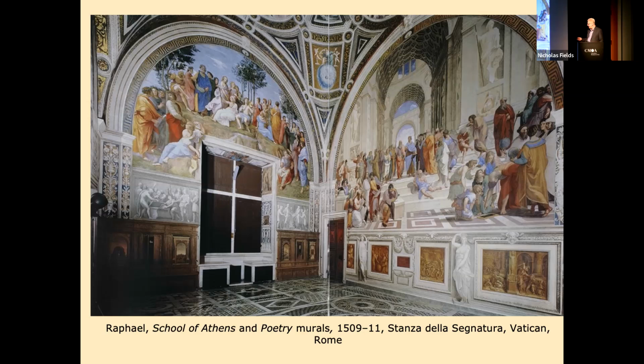He was commissioned to paint on the four walls of the chamber the four branches of learning, according to the 16th century, which were philosophy, poetry, and law and religion on the other two walls that you can't see. But his most famous of these works is the School of Athens, which is often so surprising when you think that within the Vatican, the holiest of holy places in the Christian Roman Catholic world, you have a scene of pagan non-Christian philosophers.